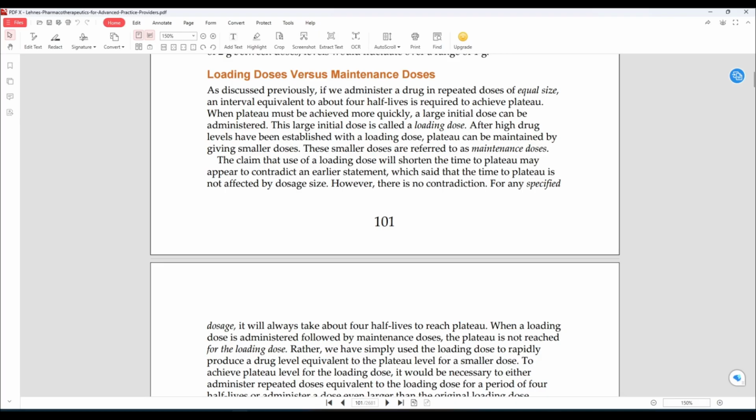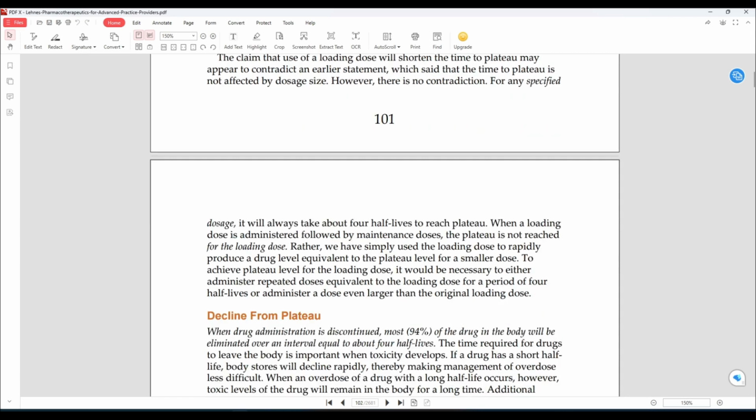The claim that use of a loading dose will shorten the time to plateau may appear to contradict an earlier statement, which said that the time to plateau is not affected by dosage size. However, there is no contradiction. For any specific dosage, it will always take about 4 half-lives to reach the plateau. When a loading dose is administered, followed by the maintenance dose, the plateau is not reached for the loading dose.